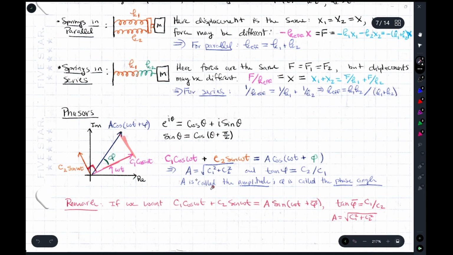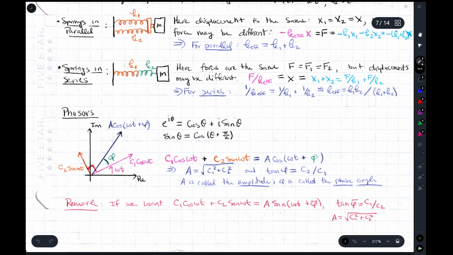That's where you get the square root of C1 squared plus C2 squared, because each of these has a length of C1 and C2. This sine omega t is what you would get from projecting onto the real axis.